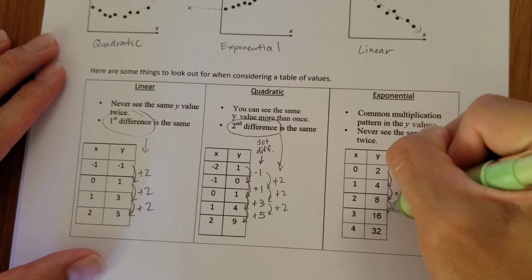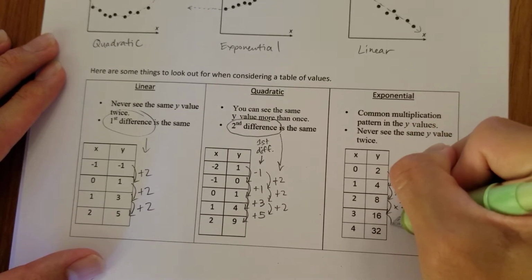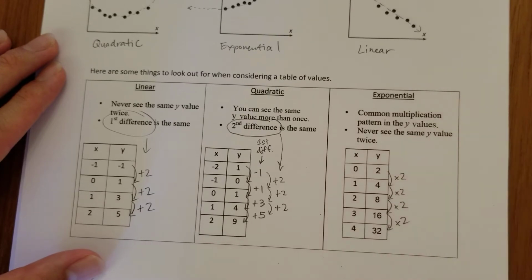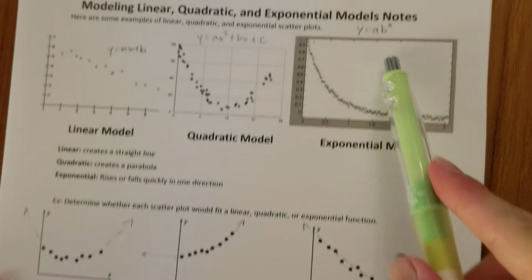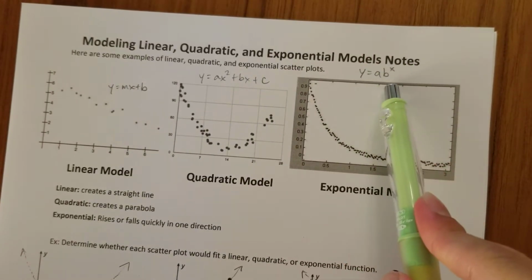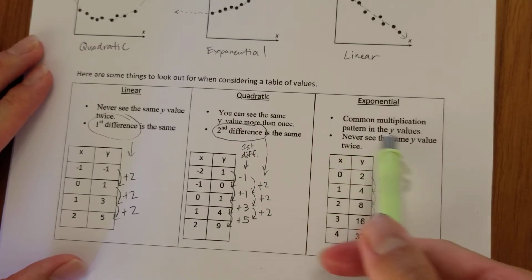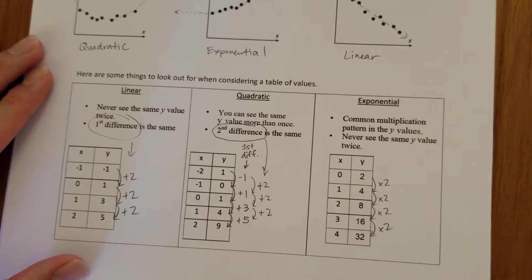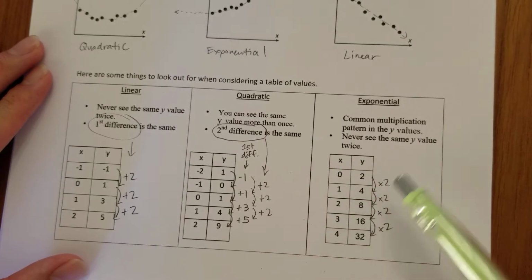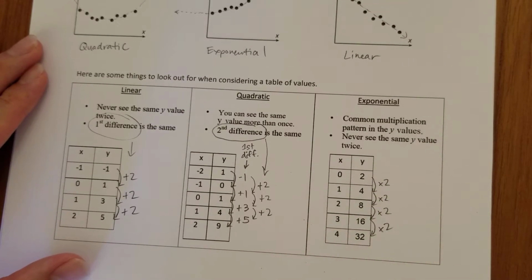This represents the common ratio b that I mentioned in the other set of notes, so your common ratio would be 2. So you look for a common multiplication pattern, and you never see the same y value twice. None of these y values are the same.